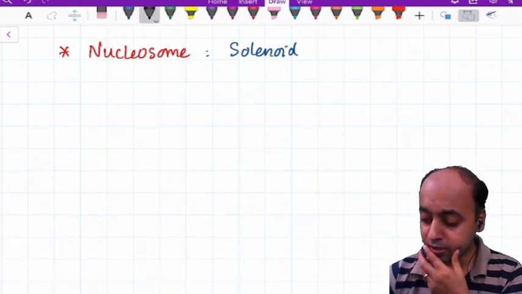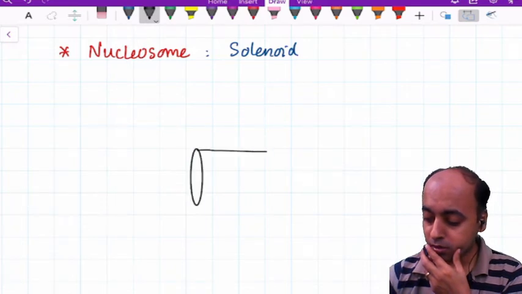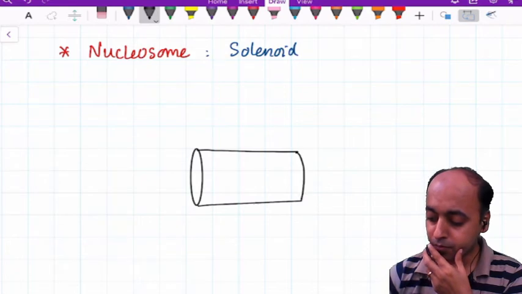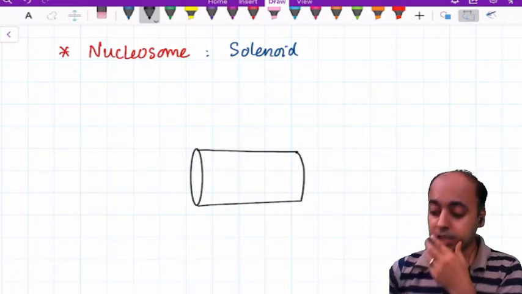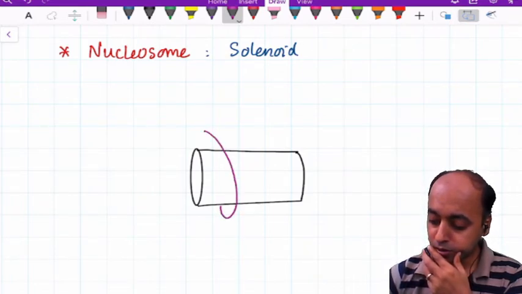In the solenoid, we've already seen there is a central core around which the DNA is arranged.